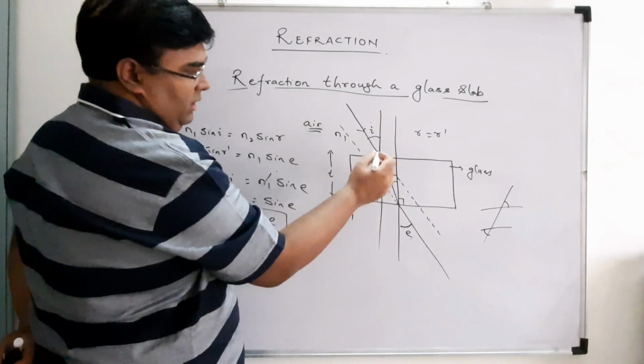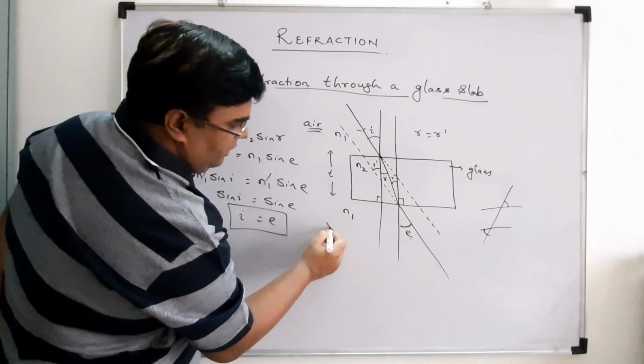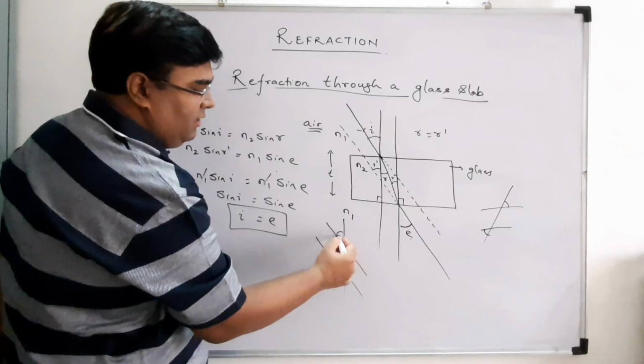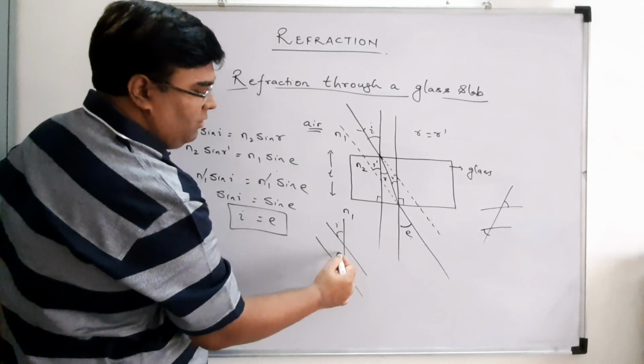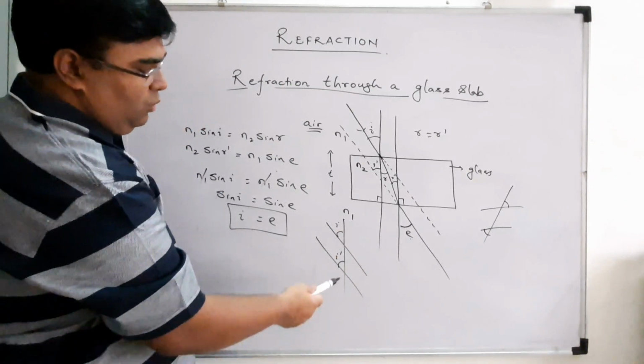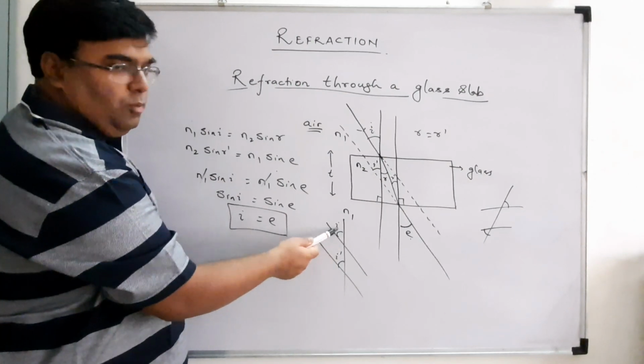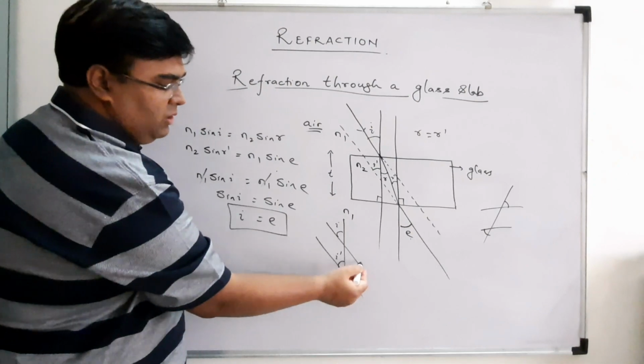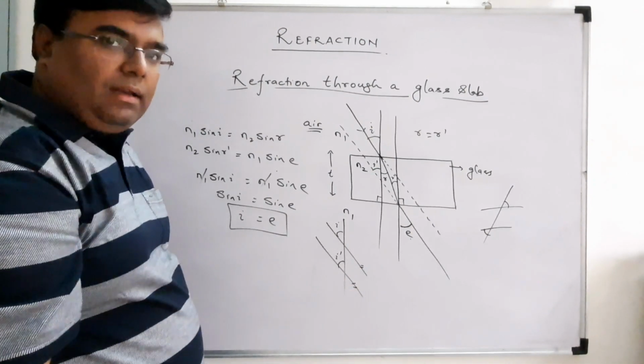Looking at these in isolation, these two angles are corresponding angles, and if they are equal, then these two lines are parallel to each other.